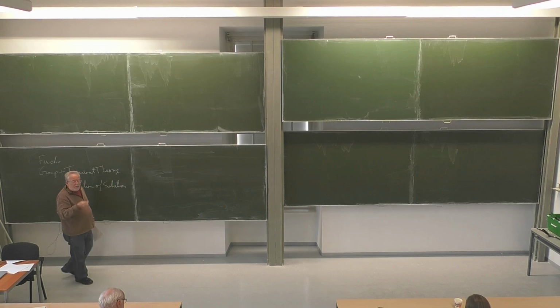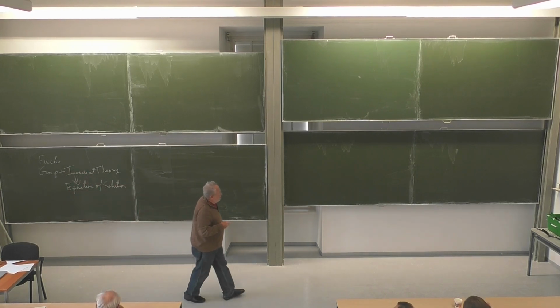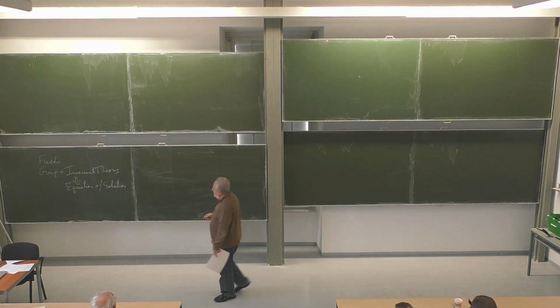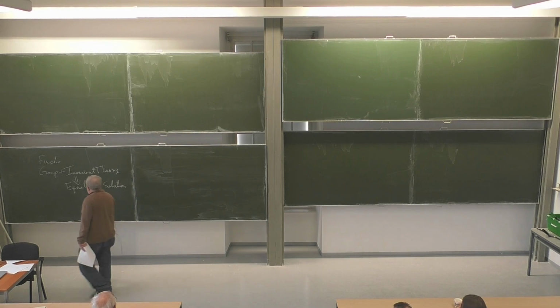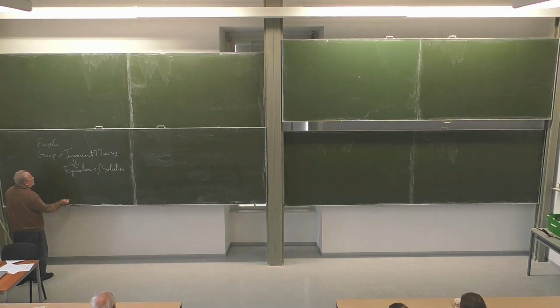But for Fuchs, he needed to know the group. And today what I want to show is I want to take Fuchs's idea and show that you can also calculate the group.